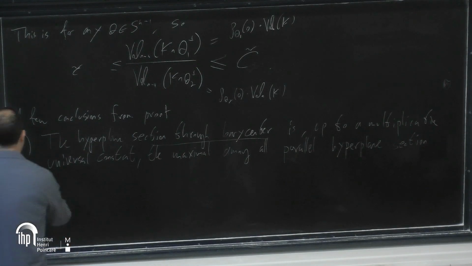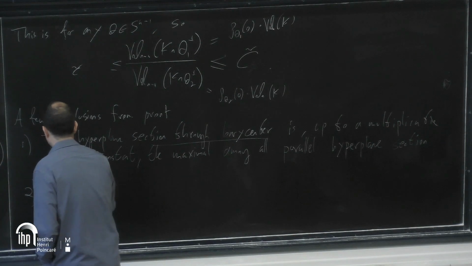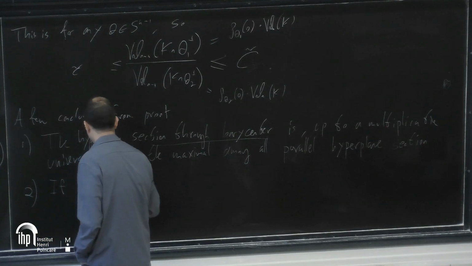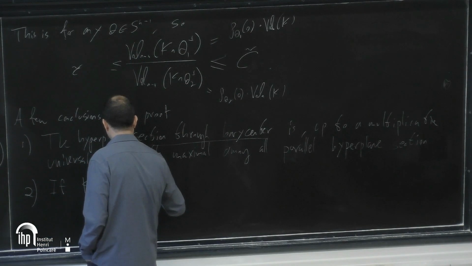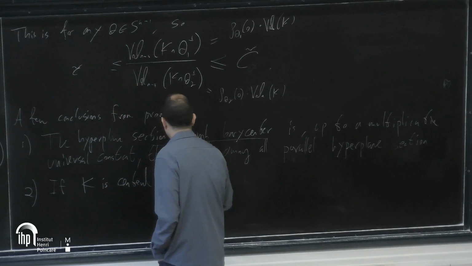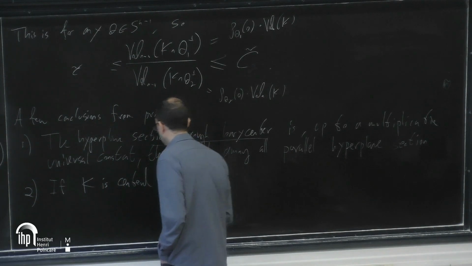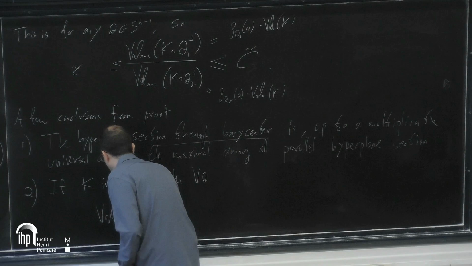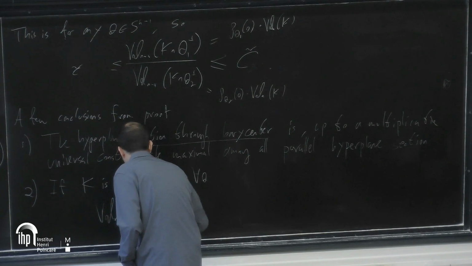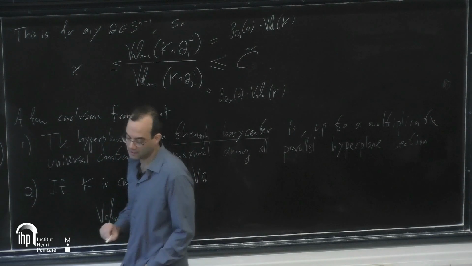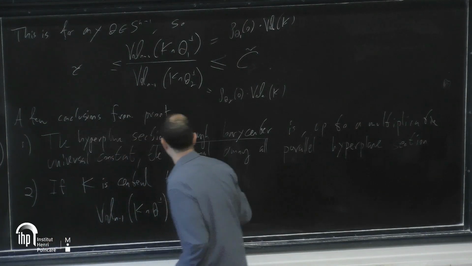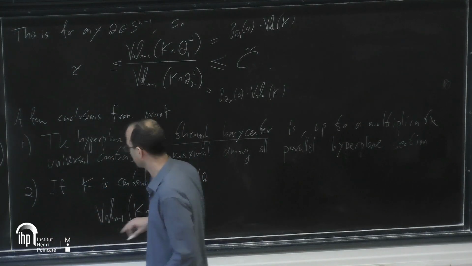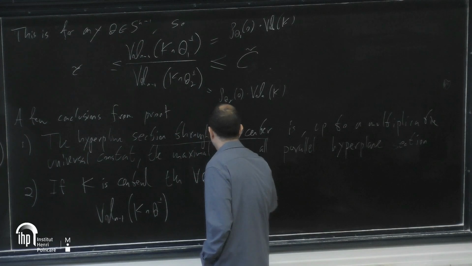And another thing is that if K is centered, then we see from the proof that the volume of the section times the variance can be related.